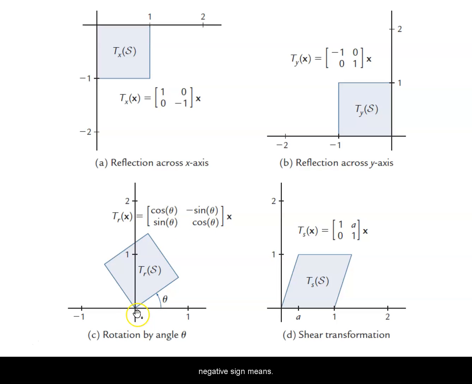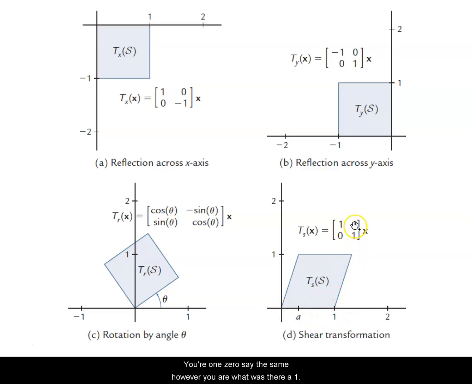So this negative sign means you're actually going up, and this cosine of what would be negative is going to bring you this way, right? So that brings you to this vector, okay? And then here you have a shear transformation. So again, your 1, 0 stays the same.